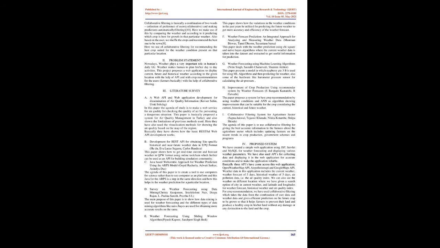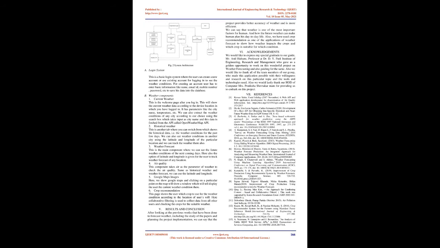4. Proposed system. We have created a simple web application using JSP, Servlet, and MySQL for weather forecasting and displaying various weather parameters. We have also used APIs for collecting data and displaying it in the web application for accurate conditions and to make the application reliable. Basically, three APIs have been used in this web application: Open Weather Map API, Air Pollution API, and Google Maps API.